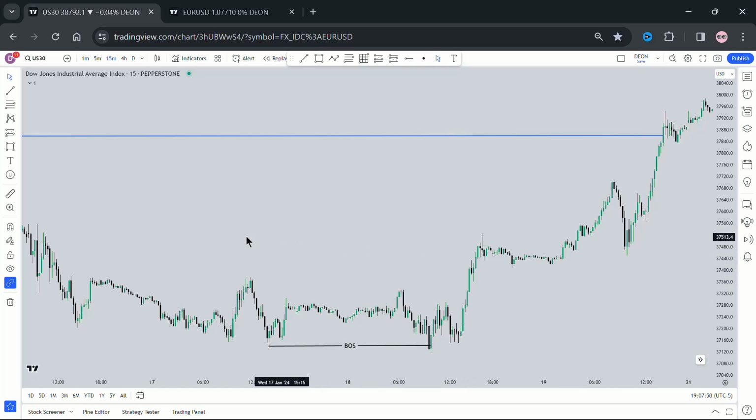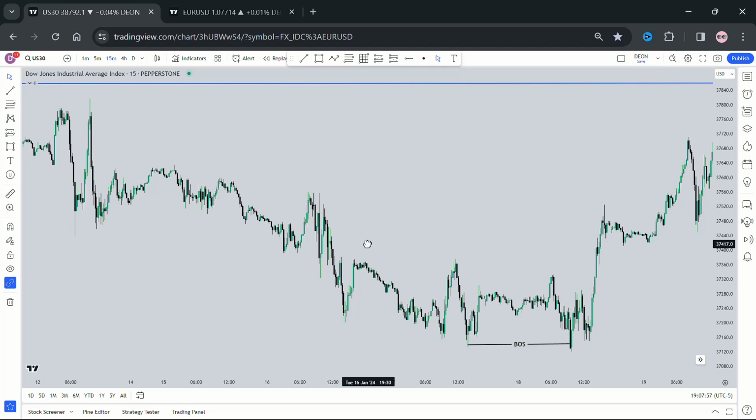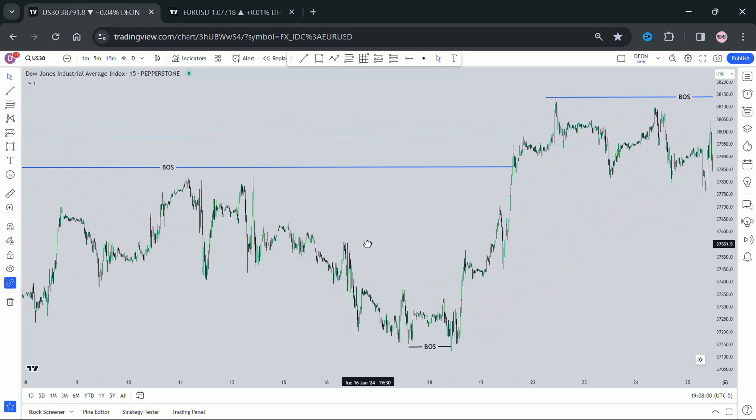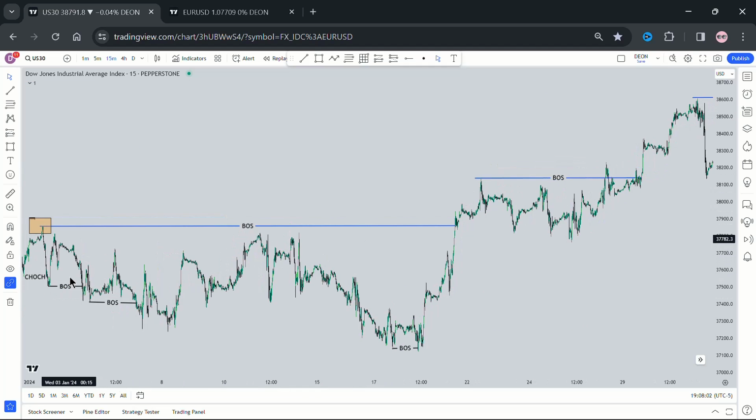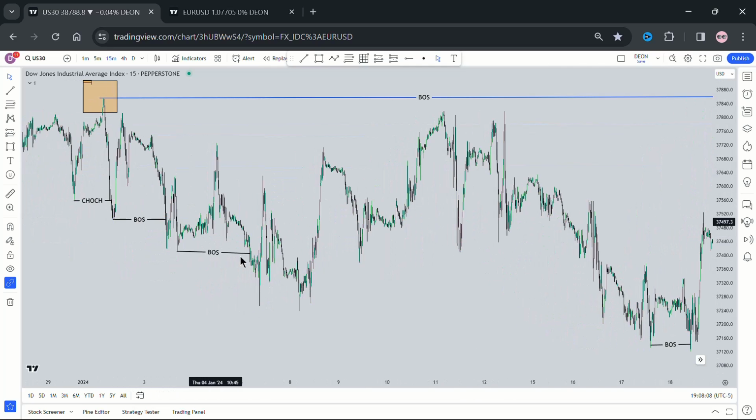Okay, now let's just say maybe you missed all of these. Now you can also see how different this is from, have you seen how choppy this is here? It's very choppy here. Okay, it's because this is a counter trend on the 4-hour chart.